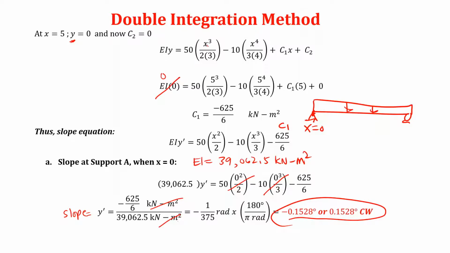Okay? Alright. By the way, guys, for EI y double prime equal to M, the unit is kilonewton meter. Why?